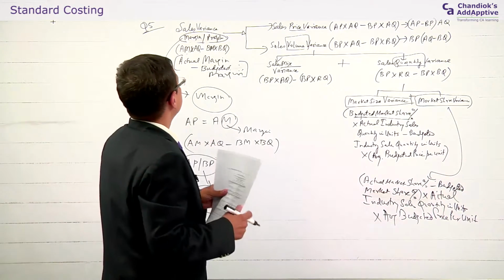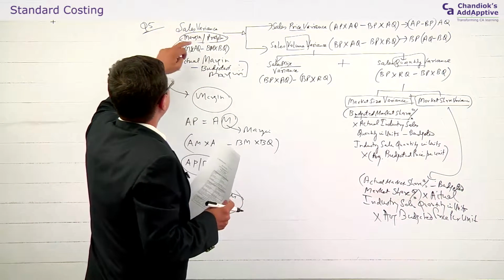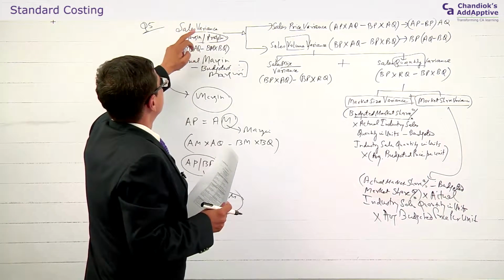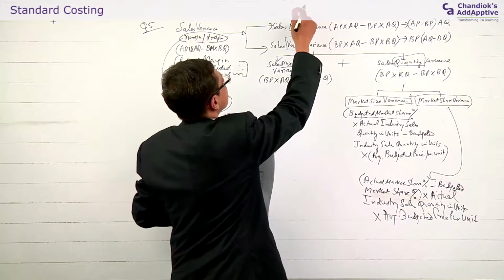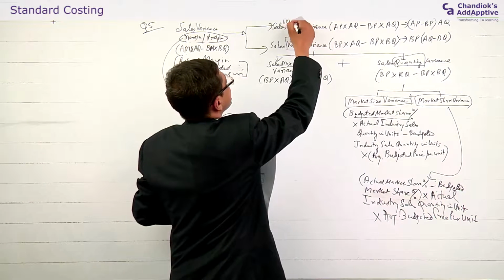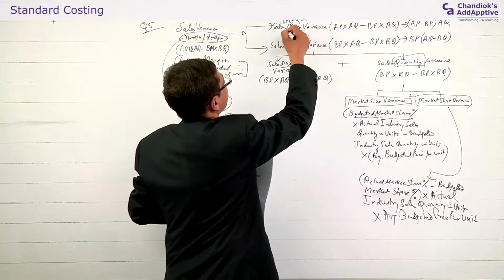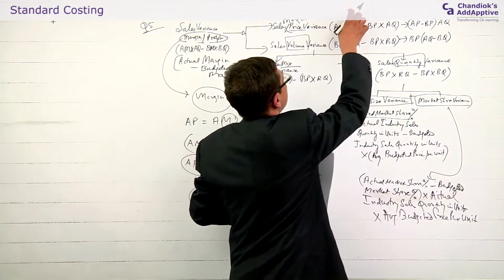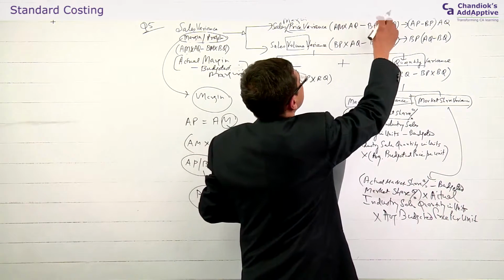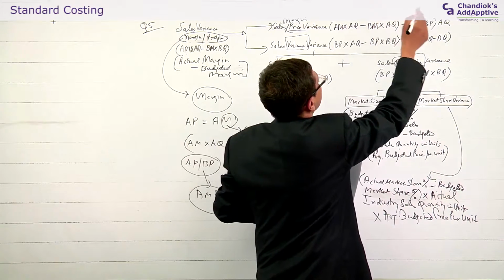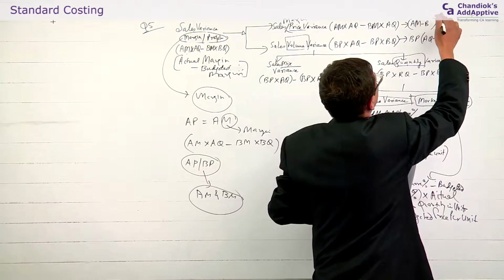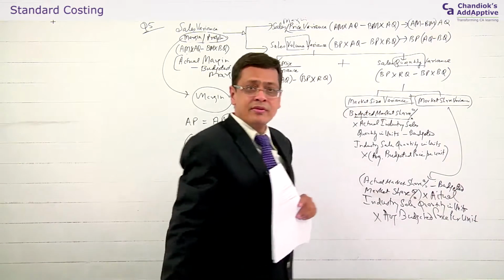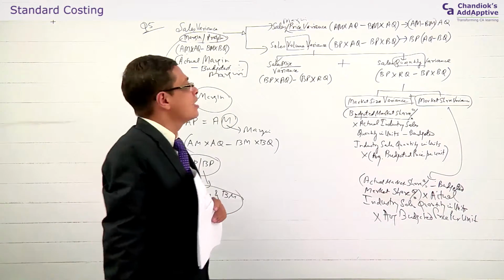In this case, this becomes sales margin variance or profit variance. In case of sales margin price variance, in this case I told you P becomes M. So the formula now becomes, rest of the thing remains the same.